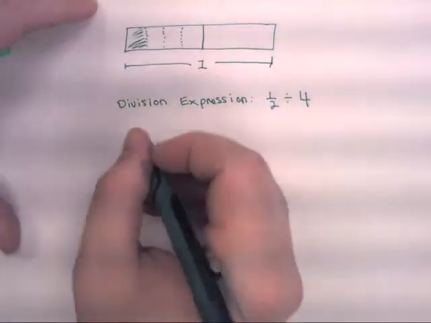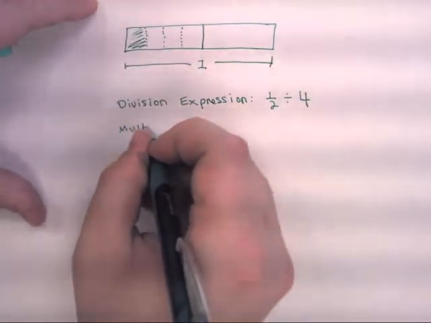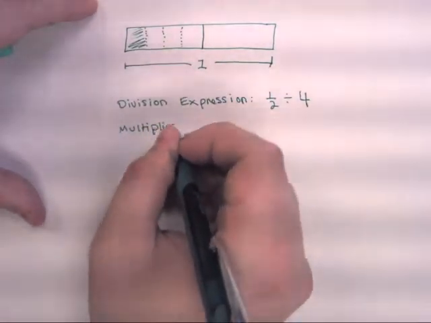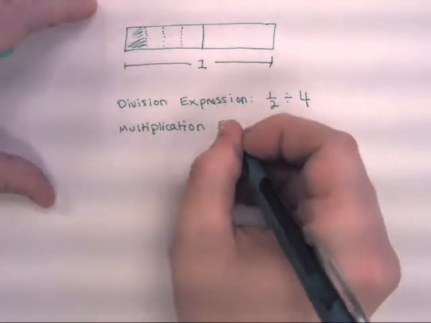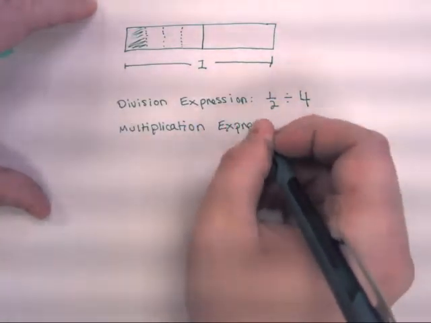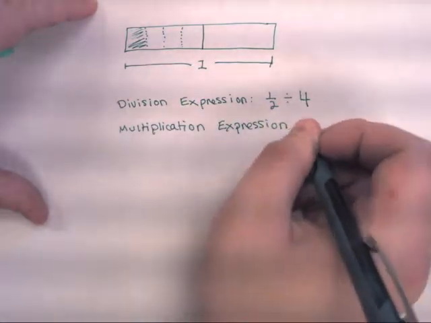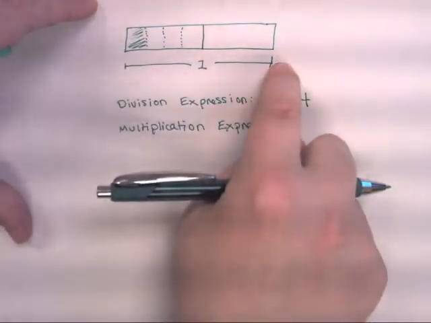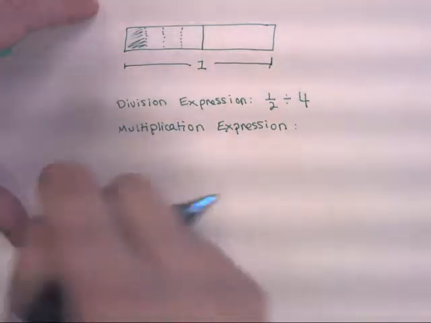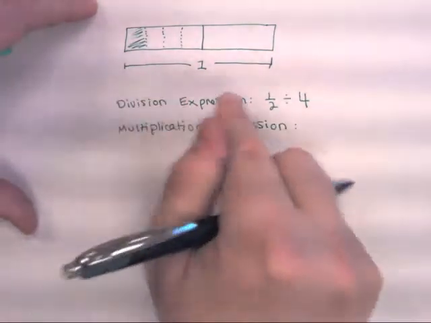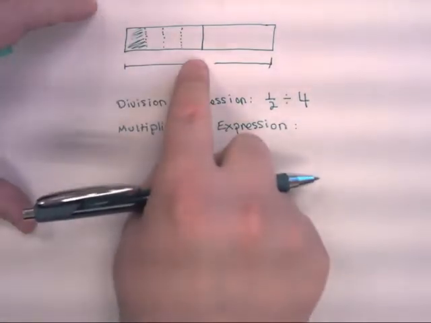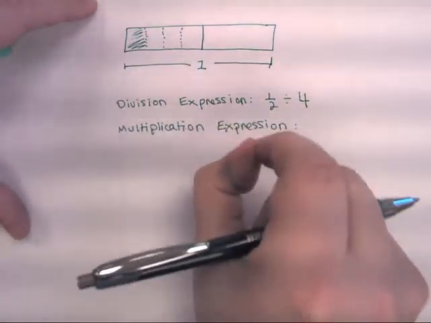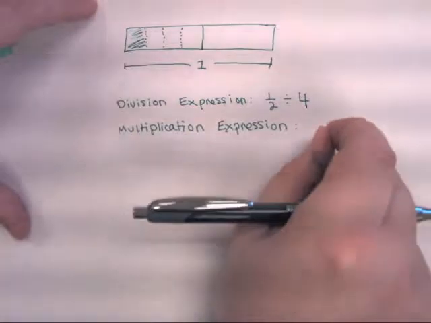A matching multiplication expression, and when I say matching, I don't mean it matches the division expression, because the expression will be different, but it would still match the situation diagrammed above. And because both of these expressions diagram the situation above, they should end up with the same answers.